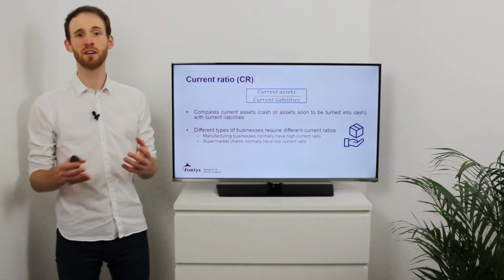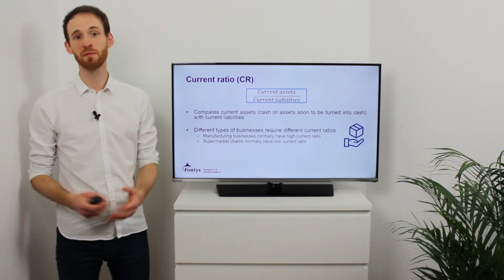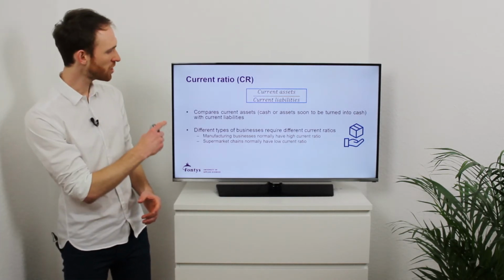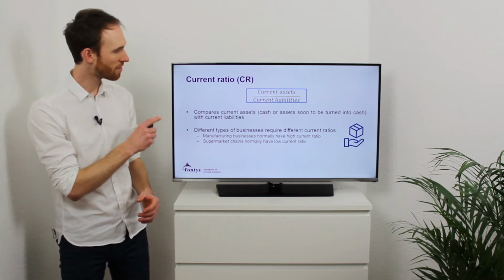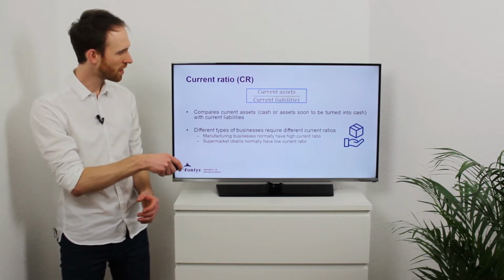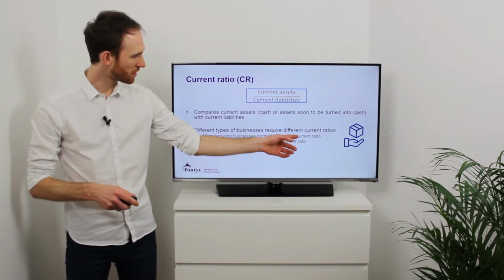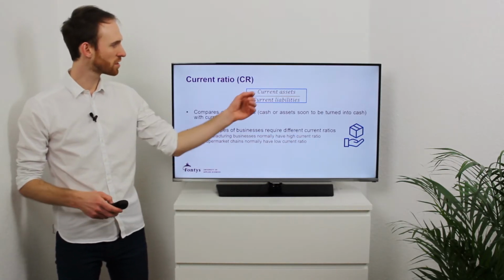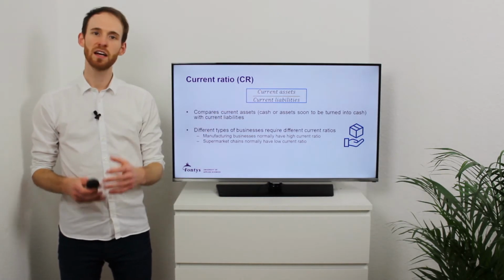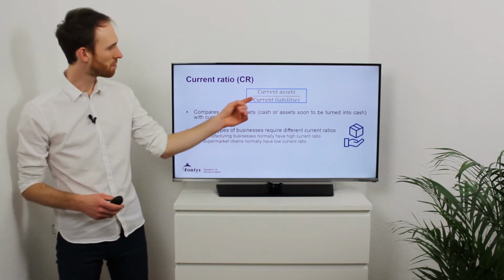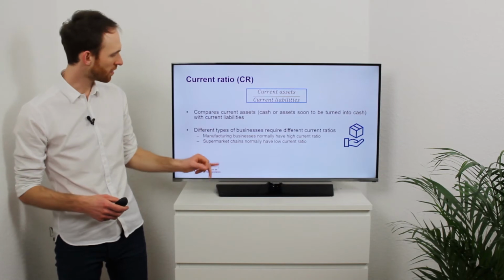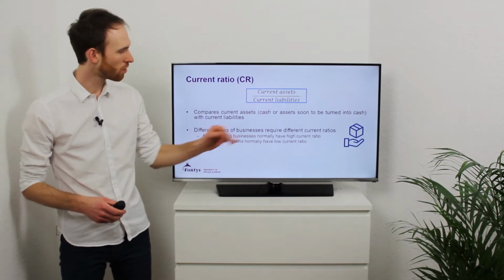So not every company has the same requirements. We can see manufacturing businesses normally have a high current ratio, and you can see that in this part here. So this part up here has to be way bigger than the part down there, the denominator. But supermarket chains normally have a low current ratio.